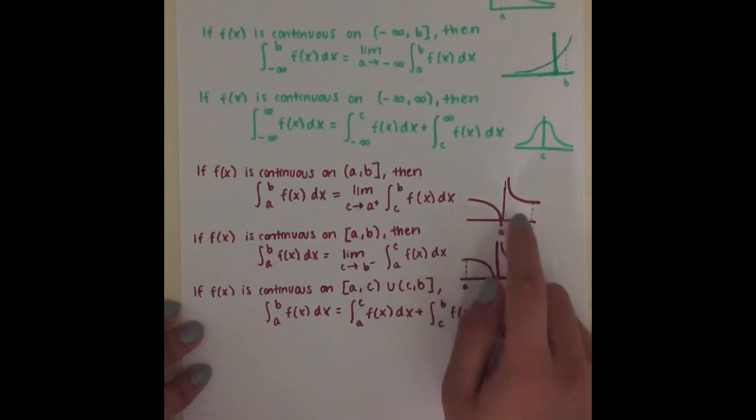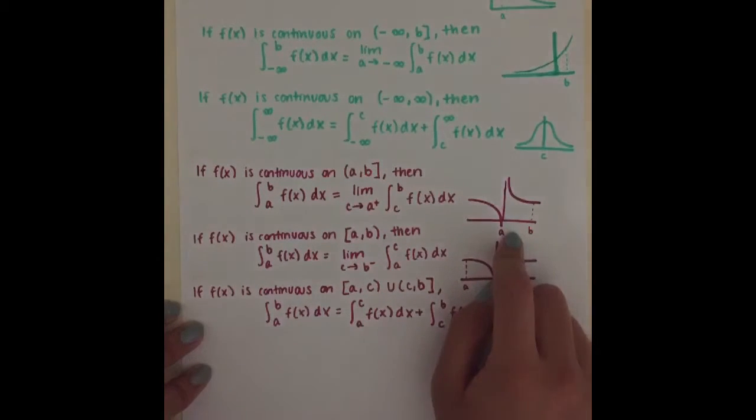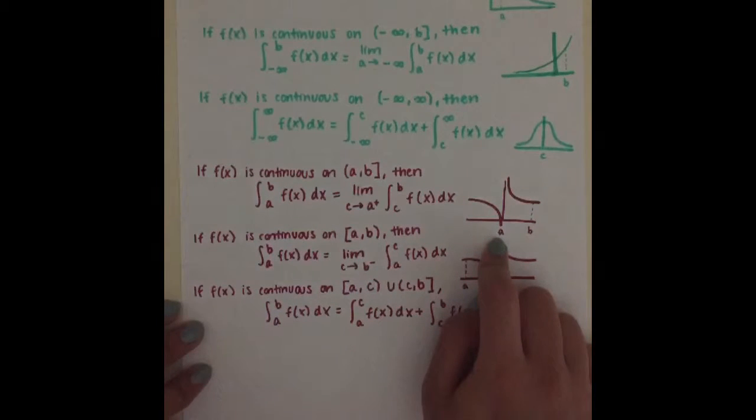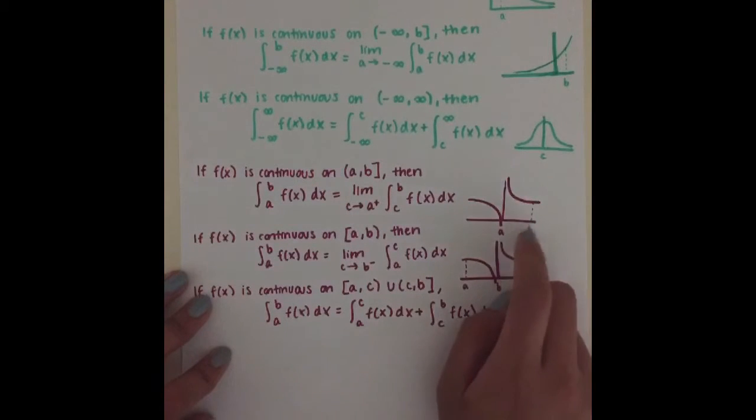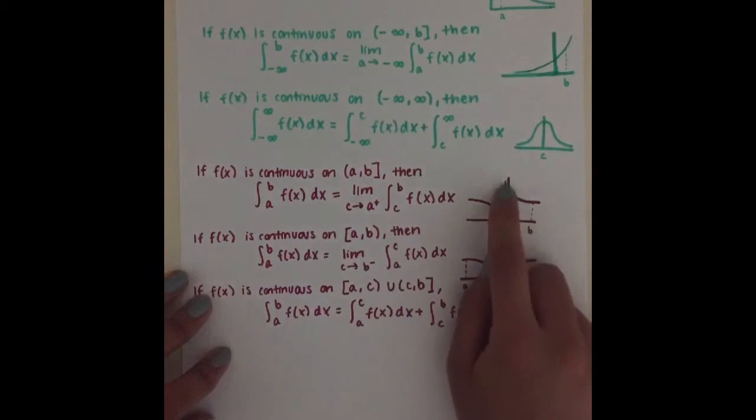It could be negative infinity or infinity if you take the left or right-sided limit, but the actual value of a does not exist, so we can't take the integral. In order to remedy this, we set c to be a, but c cannot actually equal a. c has to approach a from the right side, because we are trying to take this area.